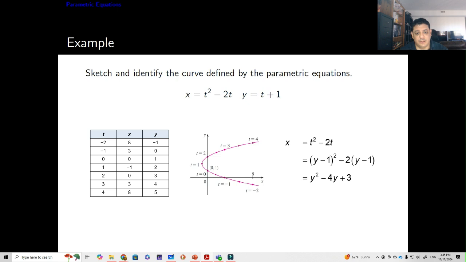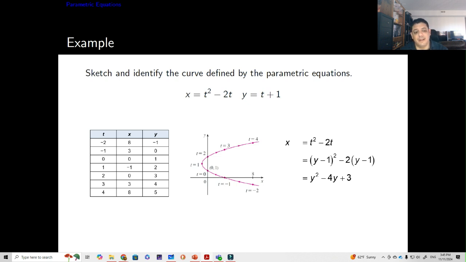So we assume that y equals t plus 1. We start with x being t squared minus 2t. And so we're going to fold this so we can try and get t plus 1, or from just subtracting here, y minus 1 is equal to t. And so if y minus 1 is equal to t, I can replace t by y minus 1.